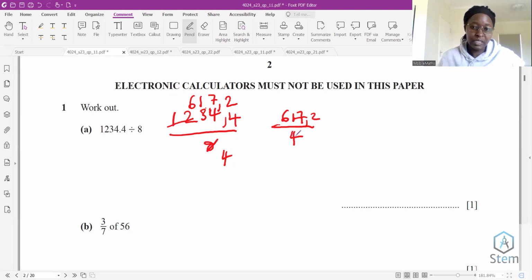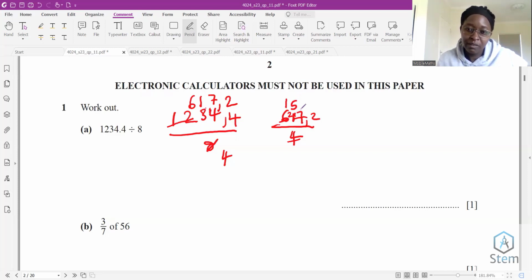Let's take 4 directly, so we are now dividing by 4 straight there. 4 into this one, 1, remainder 2. 4 into 21, that's a 5.